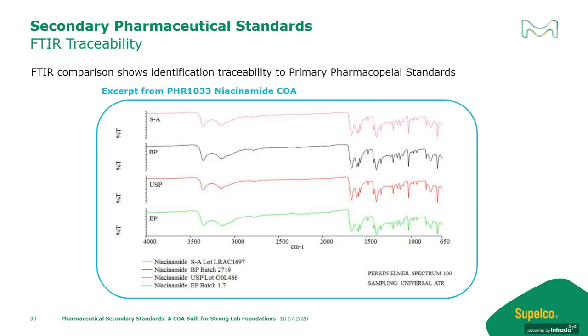Further traceability to the primary standards includes IR comparison for identification. Here, the secondary standard is compared to the current BP, USP, and EP batches. The spectra are stacked on the C of A so that comparison can easily be made just visually.